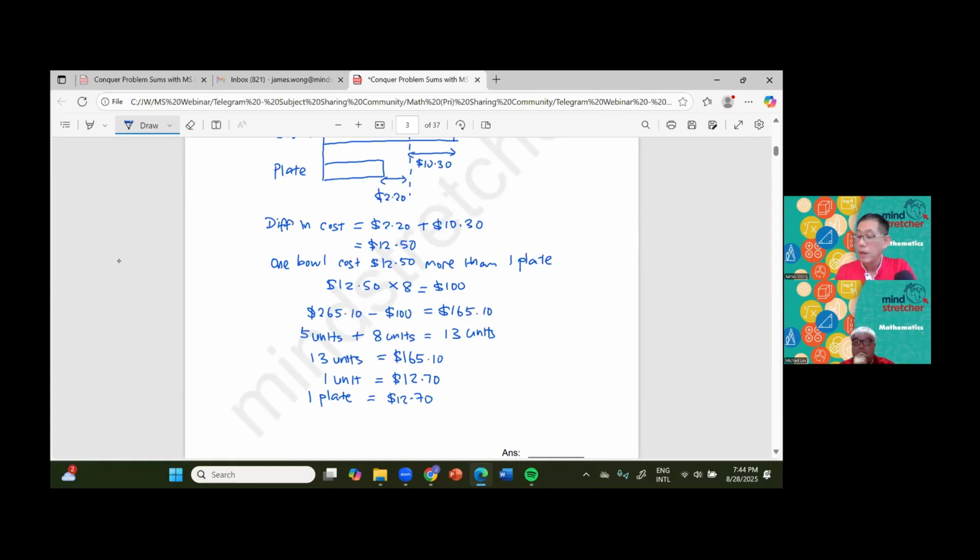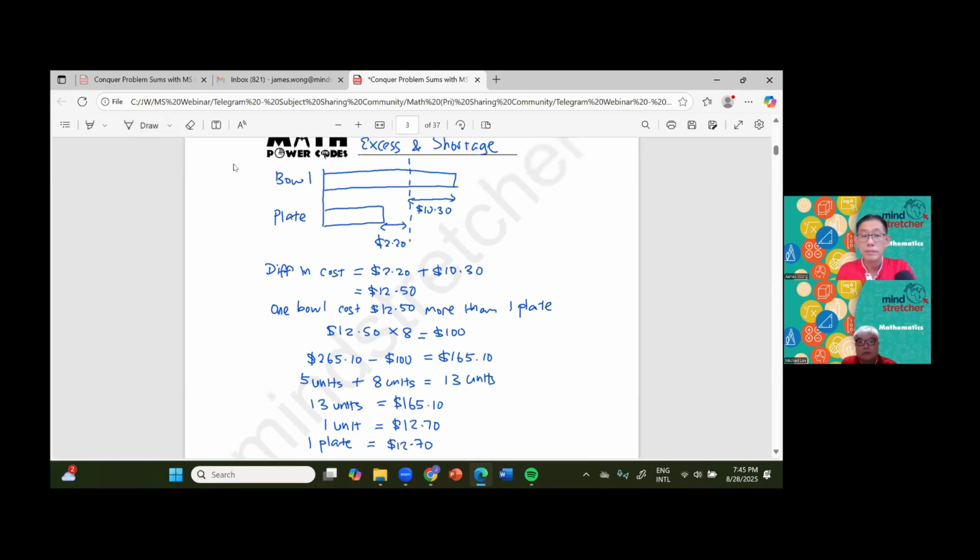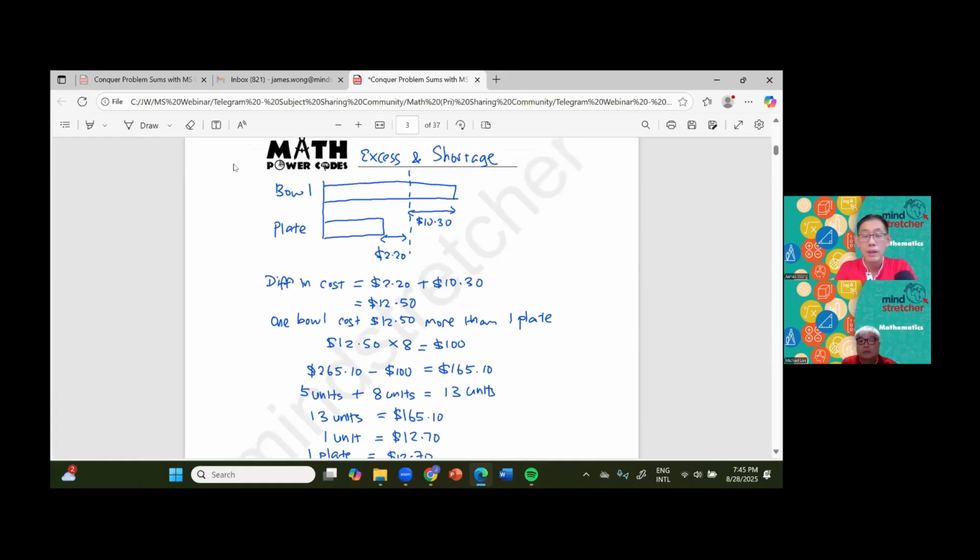Now, once I know the cost for 1 plate, I can answer the question. The question asks how much money she had, the amount of money that she has. If I look at this diagram to help you, she has already spent $265.10 for the 5 plates and the 8 bowls.